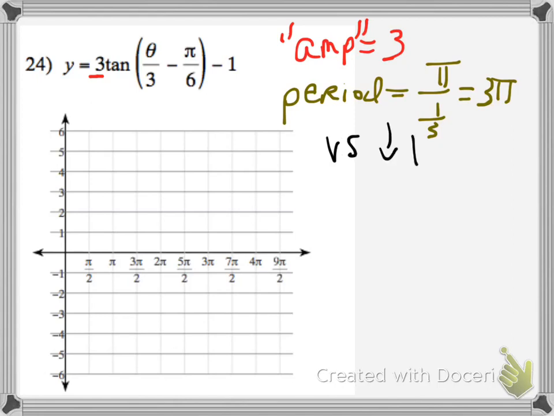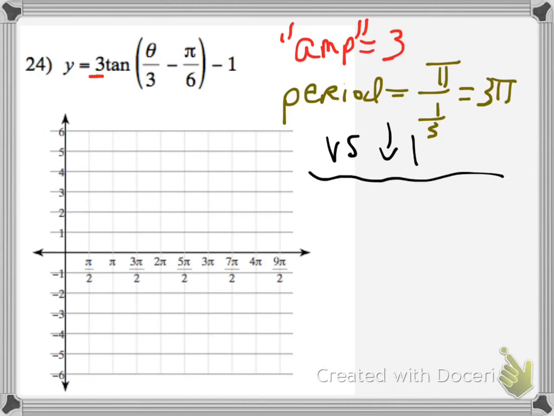Now, we talk about the phase shift a little differently when you're dealing with tangent and cotangent. We actually talk about it in terms of asymptotes instead of a phase shift.